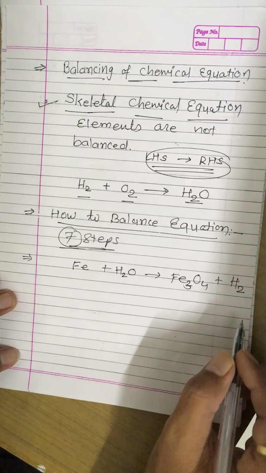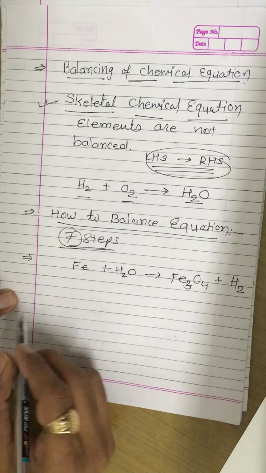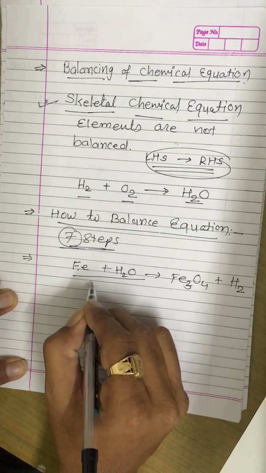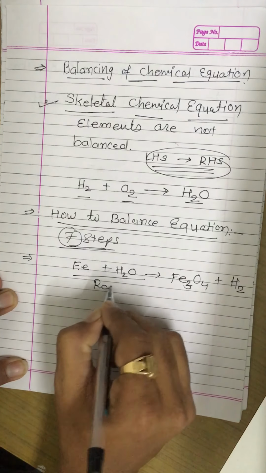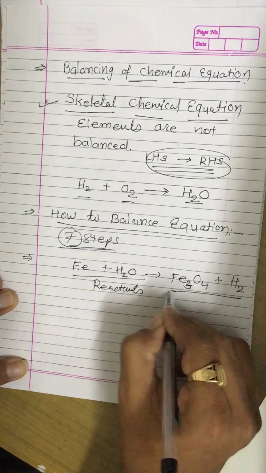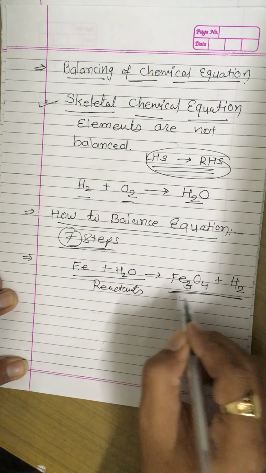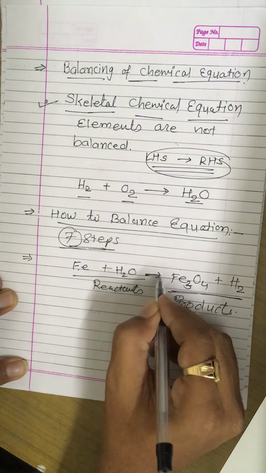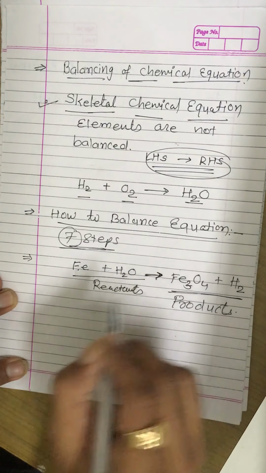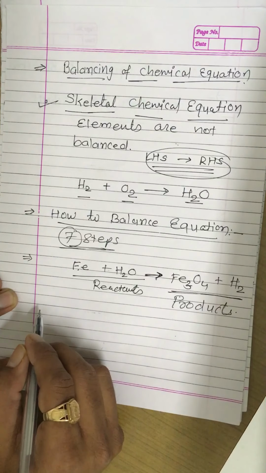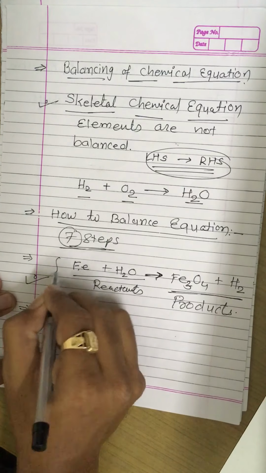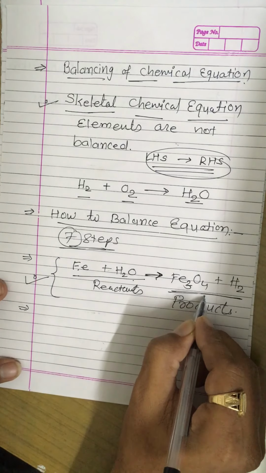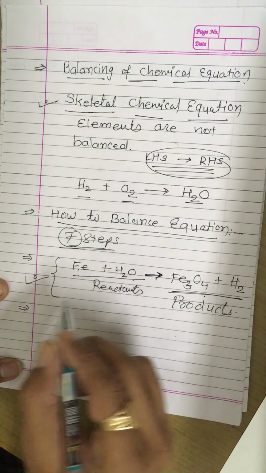So this is the symbolic representation of a chemical equation in which iron metal and water are called reactants, and Fe3O4 and H2 gas are known as products. As you can see, friends, yesterday we discussed that one arrow from reactant to product is to be written in between. Okay friends, so this is called a skeletal chemical equation which is not balanced. Right friends, now let's start to make it balanced.